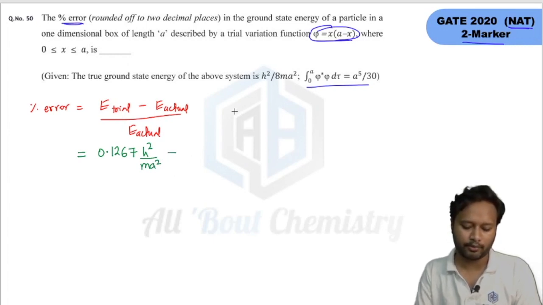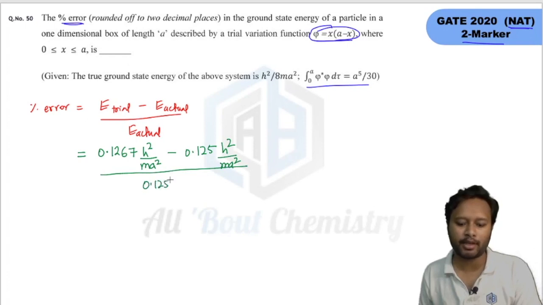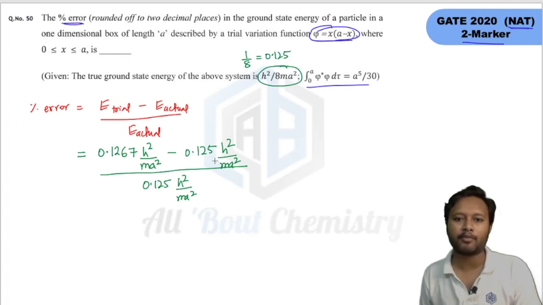If you do that, 1 upon 8 comes out to be 0.125, okay, h square upon m a square, and the whole thing is divided by 0.125 h square upon m a square. Remember, I have just used this formula: 1 by 8 is equal to 0.125. H square upon m a square is the same for both of them.